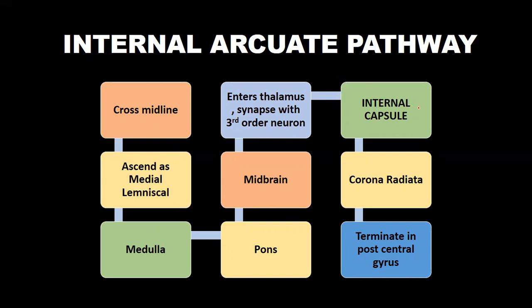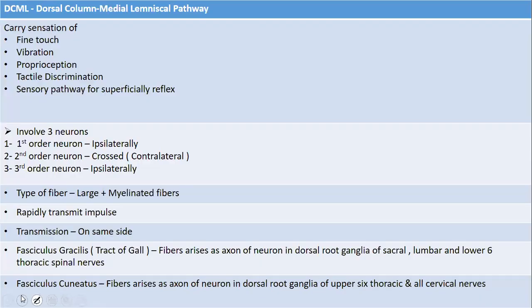Then it goes to the internal capsule, then corona radiata, and finally terminates in the somatic area of the postcentral gyrus.